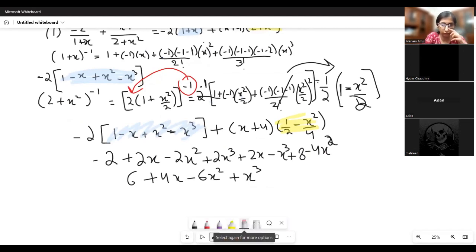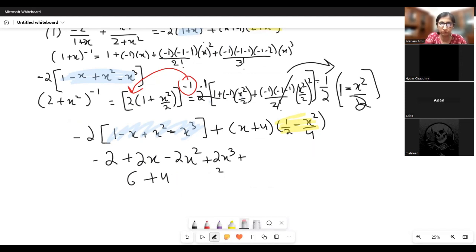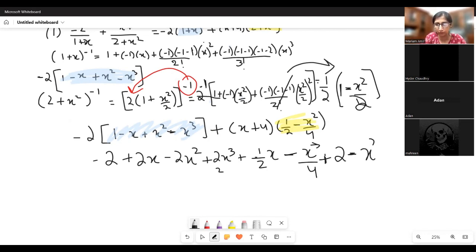So the first 1, 2, 3, 4 terms are correct, and these have to be fixed. So now we have half x minus x cubed by 4 plus 2 minus x square.